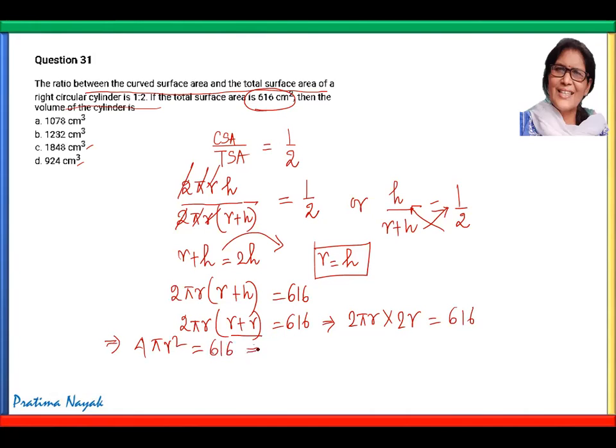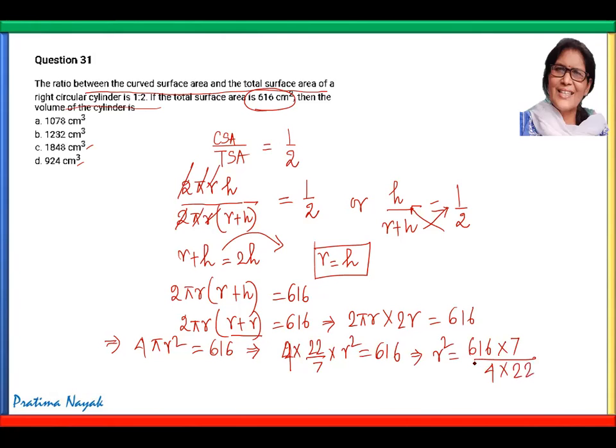Let us find r. 4 into 22 by 7 into r square is equal to 616. Then what is r square? R square will be 616 multiplied by 7 by 4 into 22.